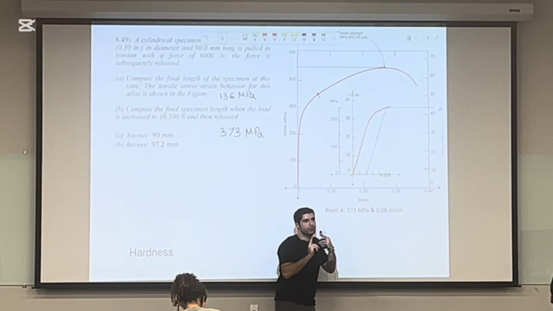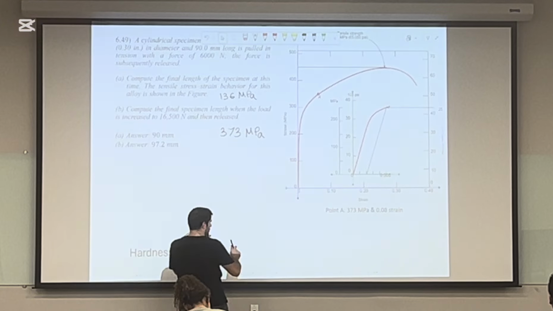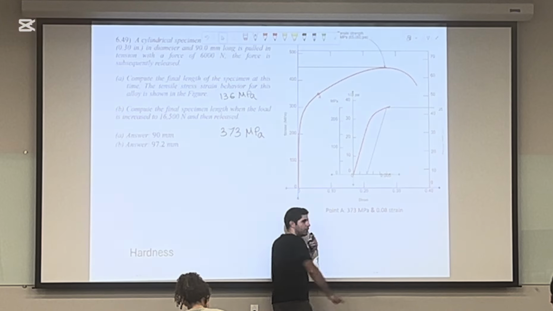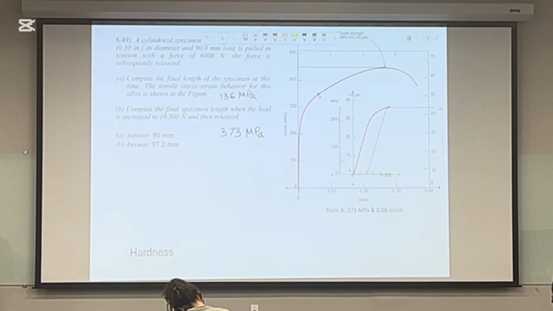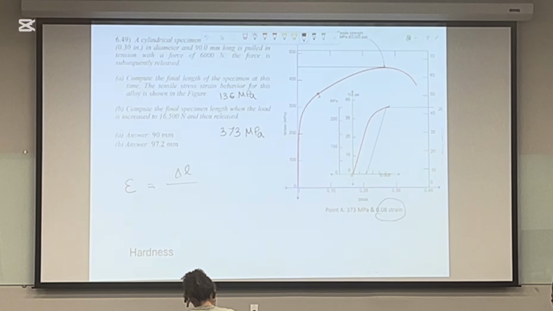That's our elastic deformation, which is very small compared to this. This actually doesn't matter that much. You end up with almost the same answer if you subtract it. Assuming this is your strain, just put it in this formula, delta L over L naught. Your L naught is 90 millimeter and your delta L would be 7.2 millimeter, which means your final length is 97.2.